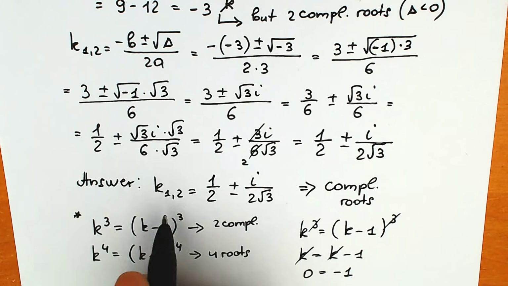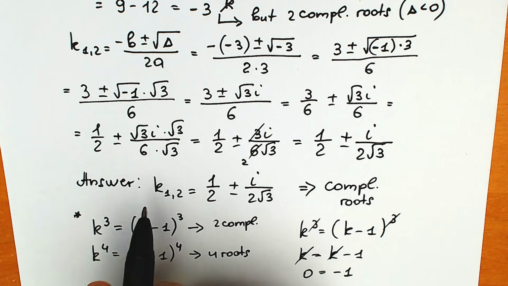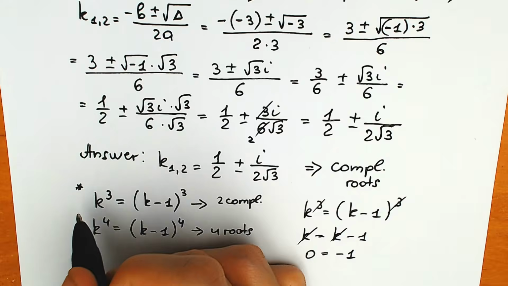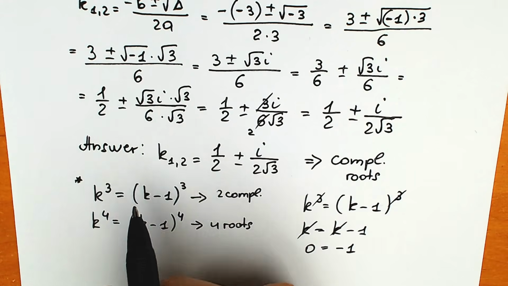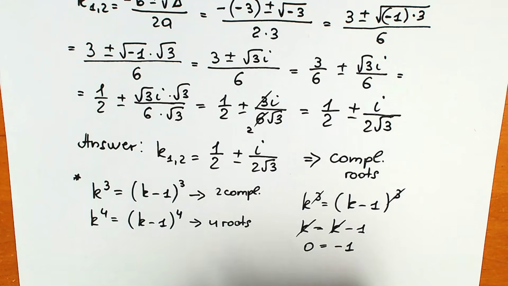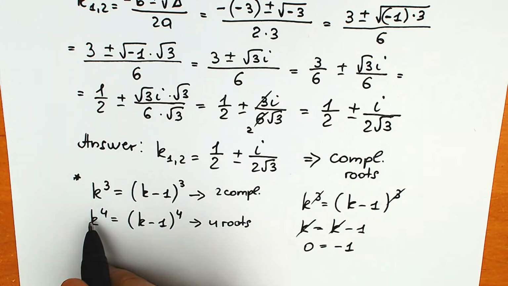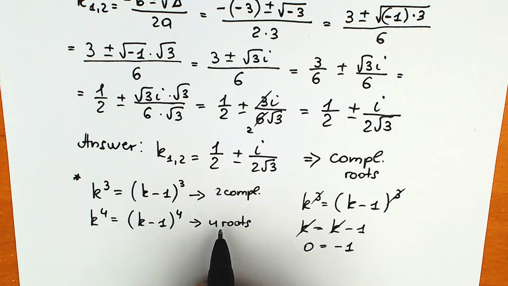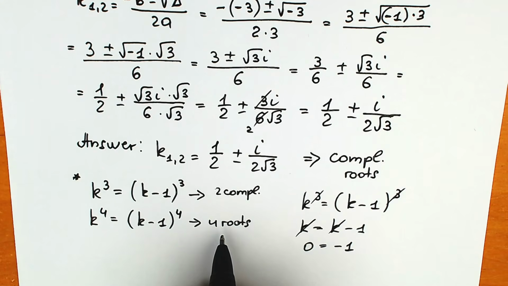Second recommendation: learn about the fundamental theorem of algebra, because it helps us to know the amount of roots. When we have third power, it means that we have 3 roots in total. We can have 1 real, 2 complex, or maybe 2 complex without real roots. And the same thing right here. When we have k to the power 4, we have 4 roots in total.